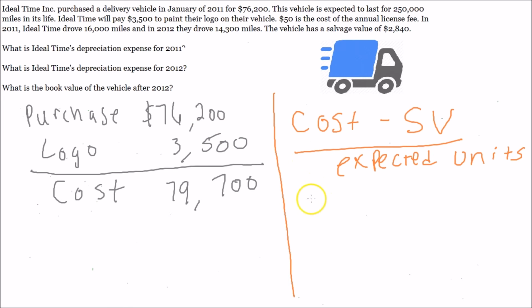So cost, let's plug in some numbers. 79,700 minus salvage of 2,840 divided by total expected miles, which was 250,000.